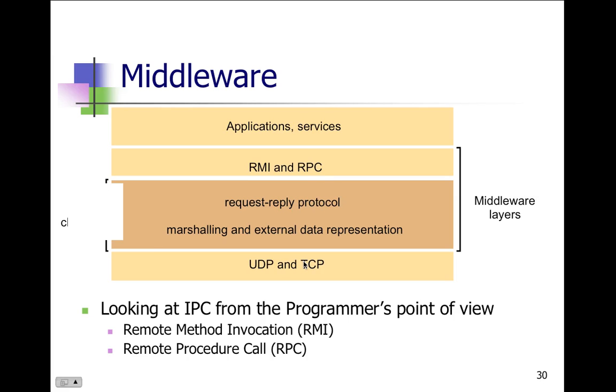In a UDP TCP, which we're going to look at first, we're sending messages back and forth, the message is received and sent, and we're using the data on both ends. In an RMI, we're still doing that, but what we're sending is a request. And the request is to receive a service from an object that resides on another computer.